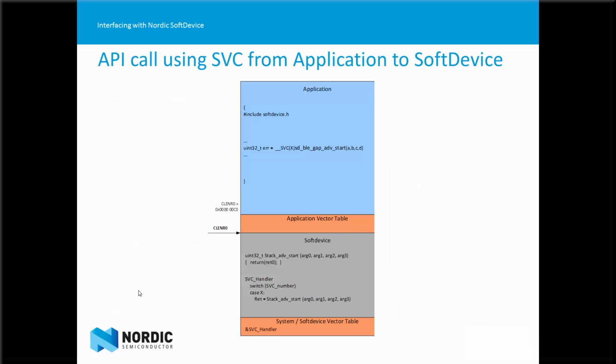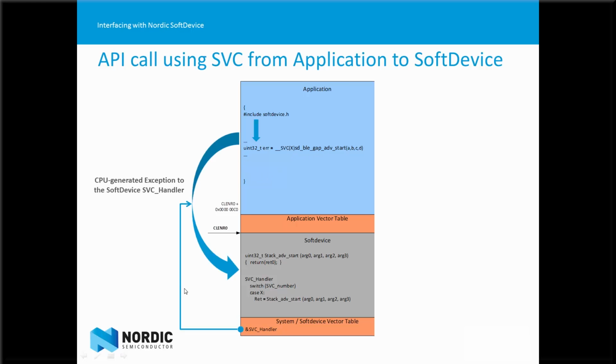And here is a diagram showing more detail on how it works. Those APIs use SVC calls. We have here an example of the advertising start API call. If you call it in your application, this API has, for example, the number X, and that will trigger the exception to the SVC handler inside the SoftDevice vector table.